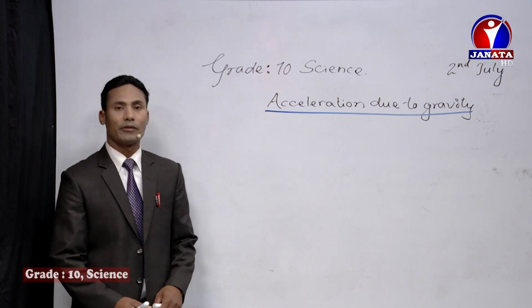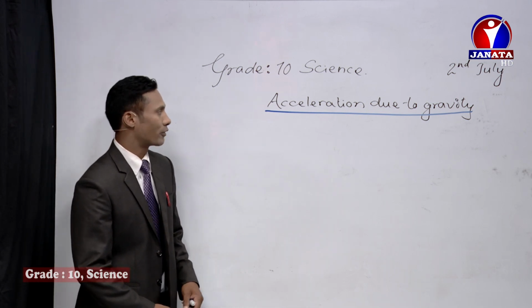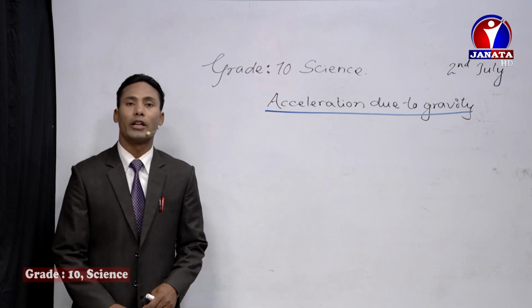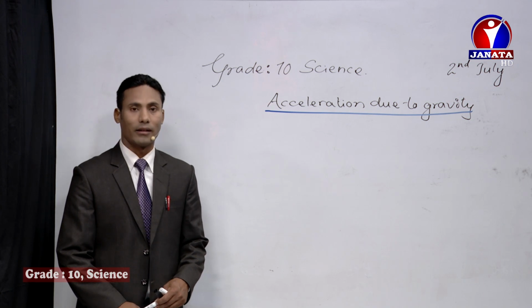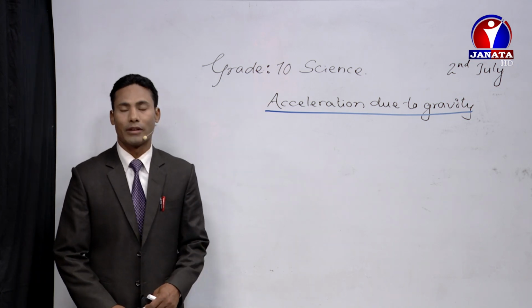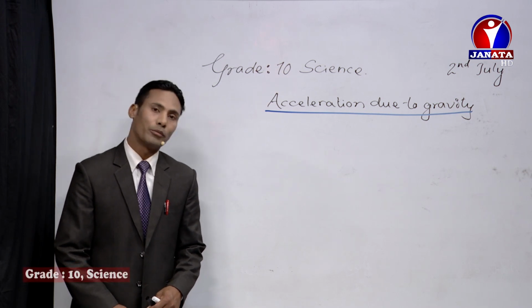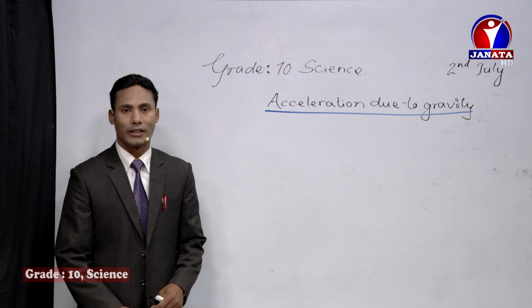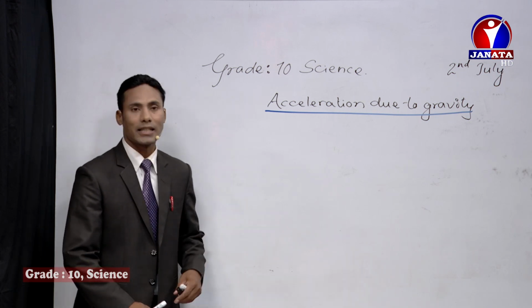Previously we have defined the acceleration due to gravity. The acceleration produced in a freely falling object by the gravitational force is called the acceleration due to gravity. Only one force should be involved there.